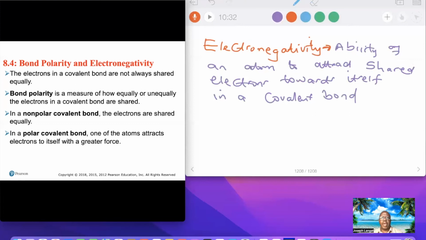The ability of an atom to attract electrons toward itself in a covalent bond is what we call electronegativity.